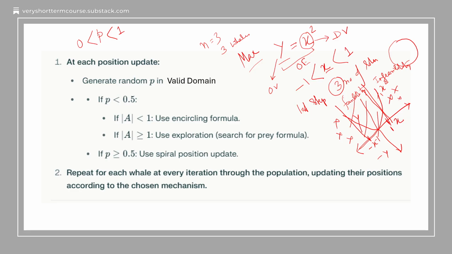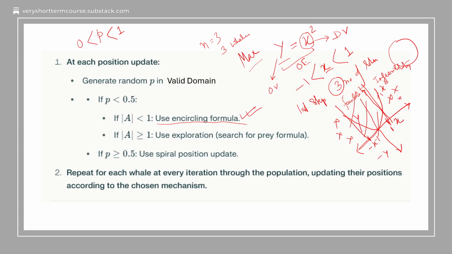If they are less than 0.5 for an iteration, then the next step is to check if the absolute value of a is less than 1 or not. If the value of p is less than 0.5 and the absolute value of a is less than 1, then we will use the encircling formula.